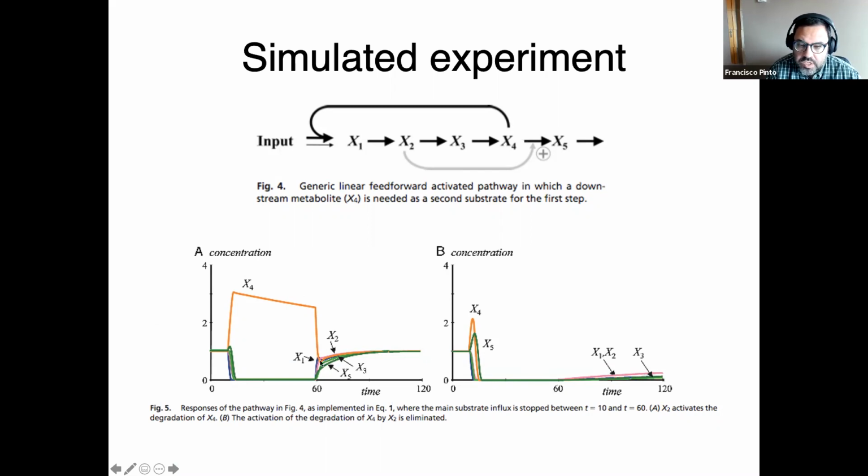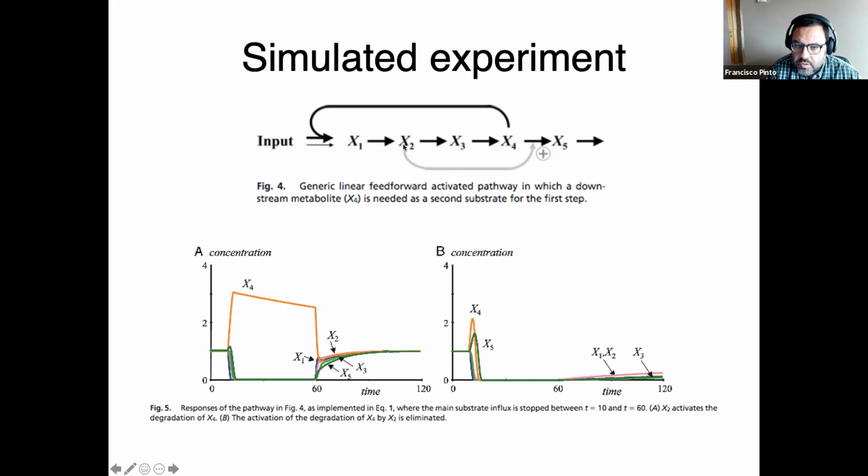In the situation where you have the regulatory interaction, once glucose disappears from the media, the input is not present anymore, so you stop producing X1, X2, and so on.